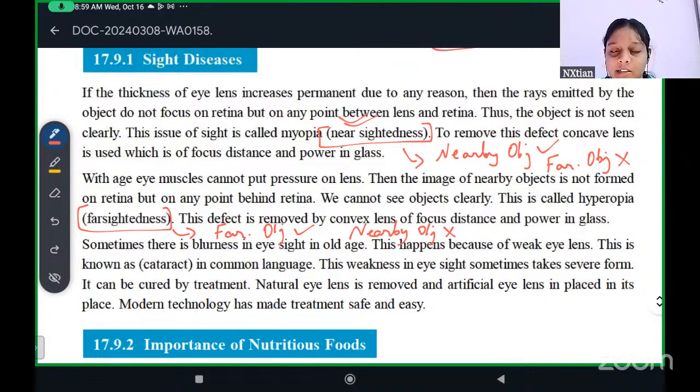I didn't get the term. Can you type it? Okay, ma'am. Just type it. Hyperopia.